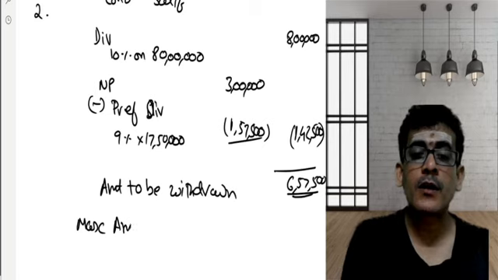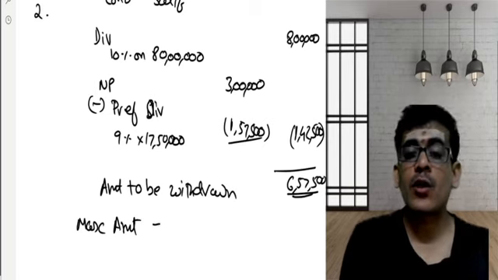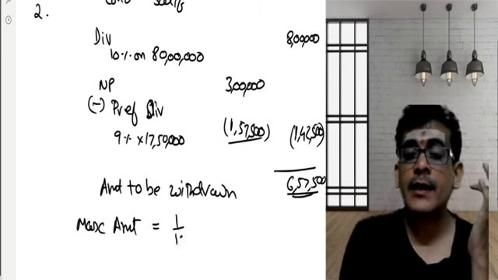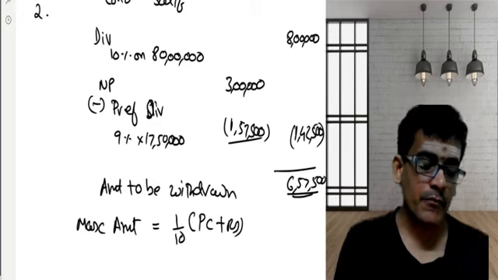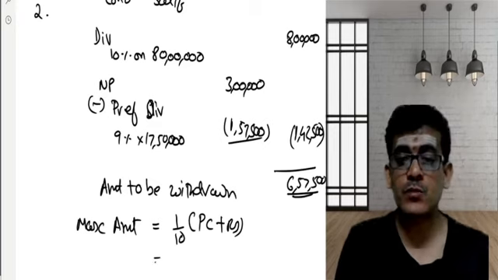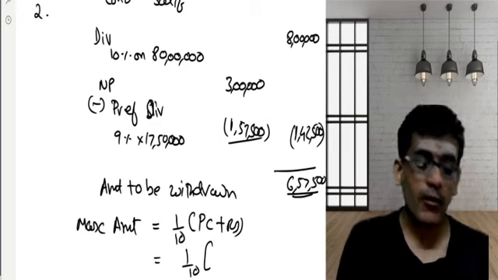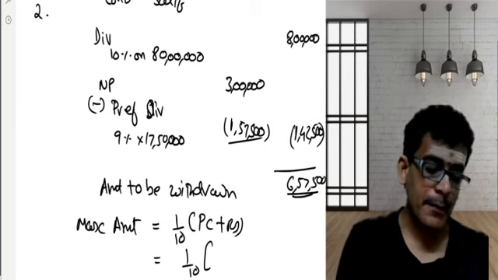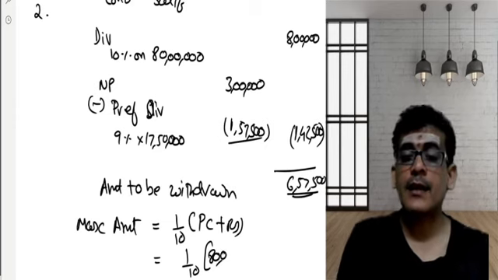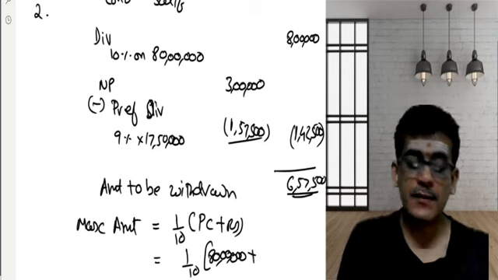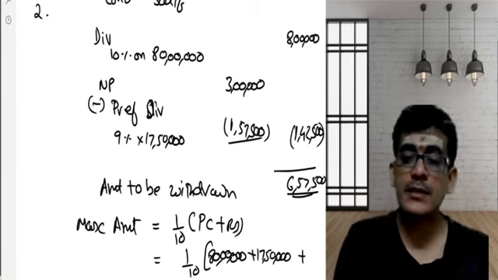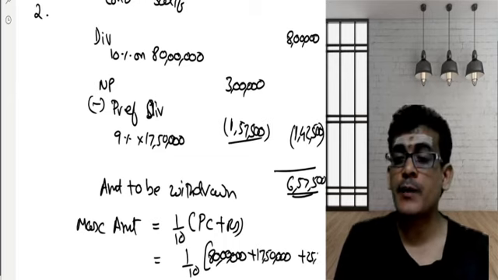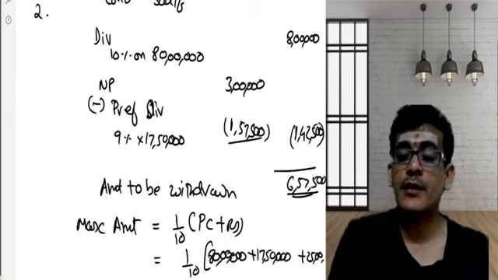What is the maximum amount? The maximum amount cannot be greater than 1/10 of your paid up capital plus free reserves. 1/10 of paid up capital, which is 80 lakhs plus 17 lakhs 50,000, plus free reserves of 25 lakhs.